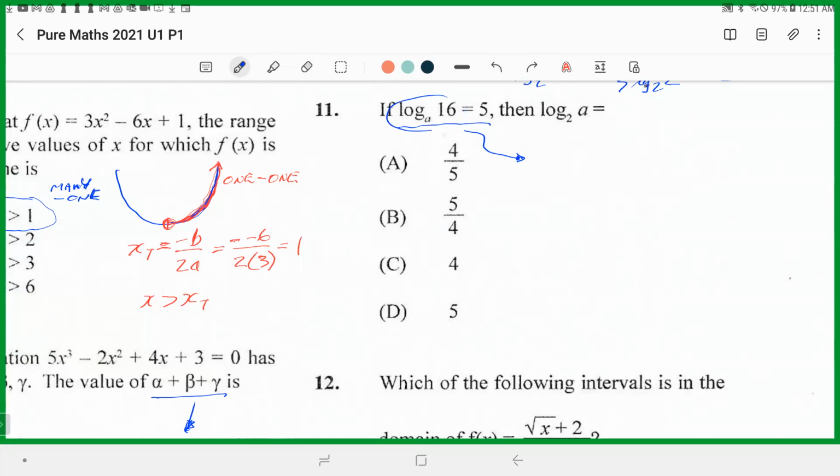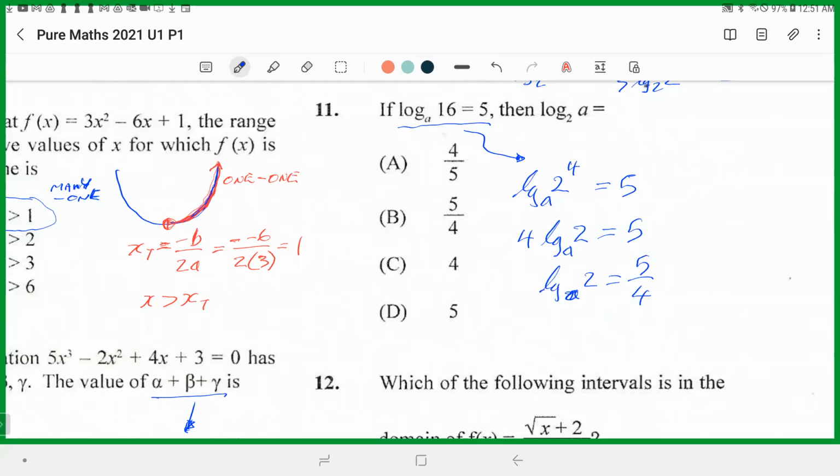So this side is going to become log to base A of 2 to the 4th power, and the equation is still equal to 5. The 4 comes to the front. So I get 4 times log to base A of 2 equals 5. So the log to base A of 2 is now equal to 5 over 4.